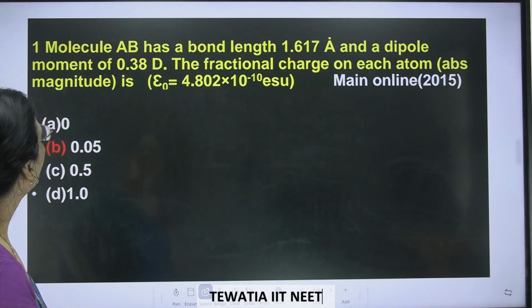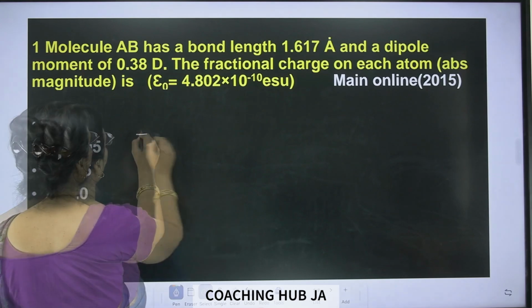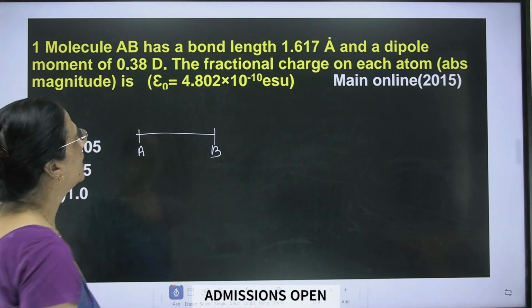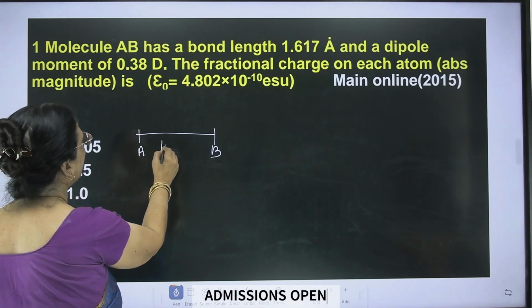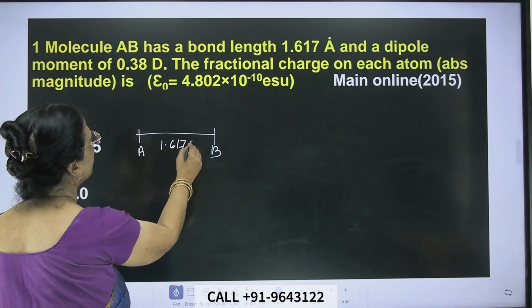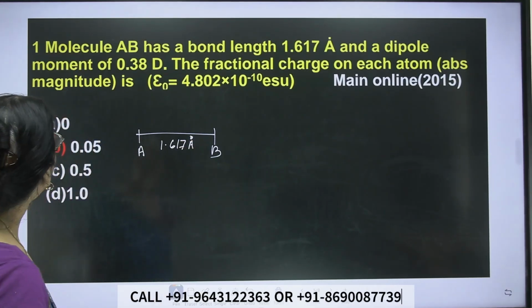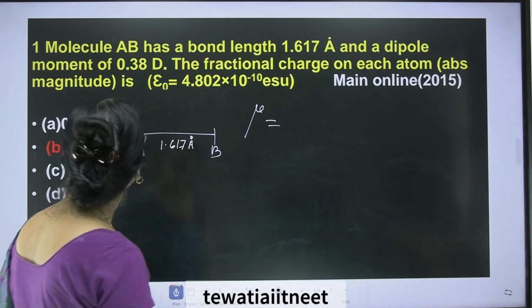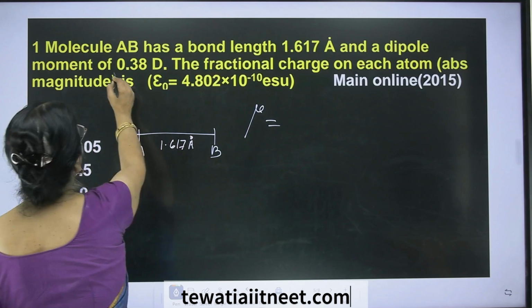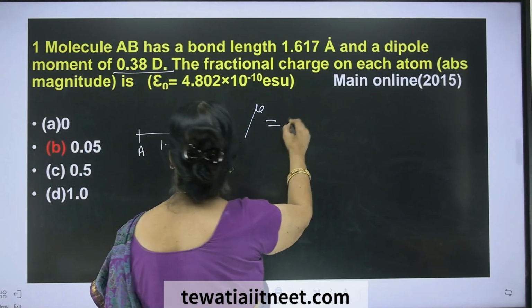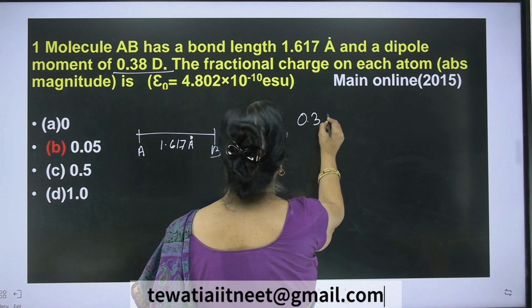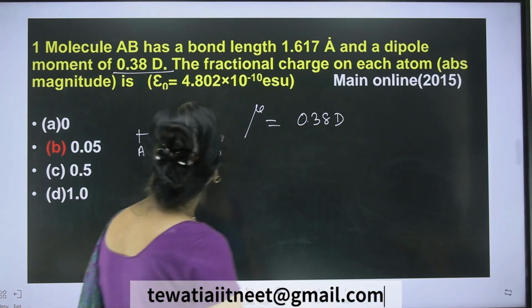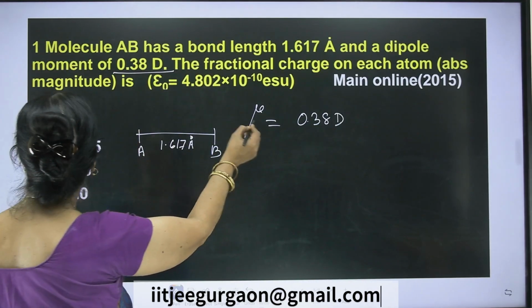In this numerical, molecule AB has a bond length of 1.617 angstrom unit and a dipole moment of 0.38 D. The question asked is the fraction of charge on each atom.